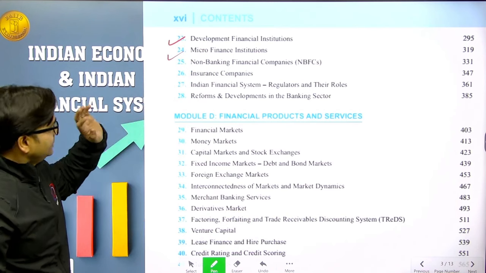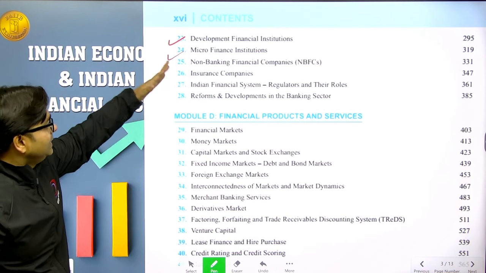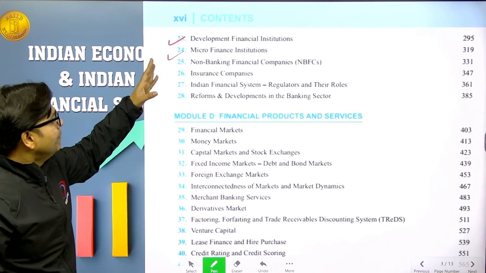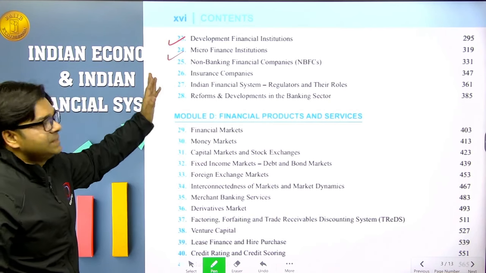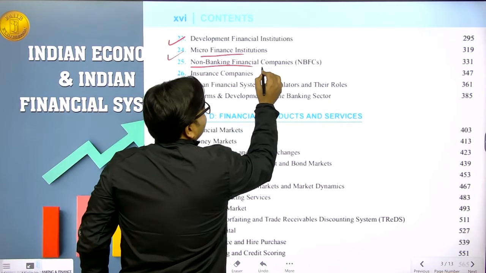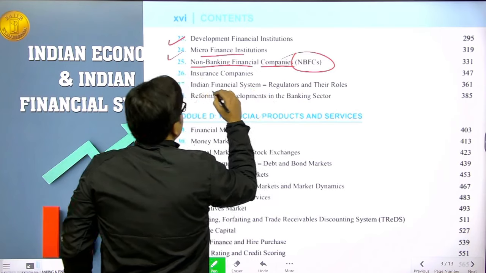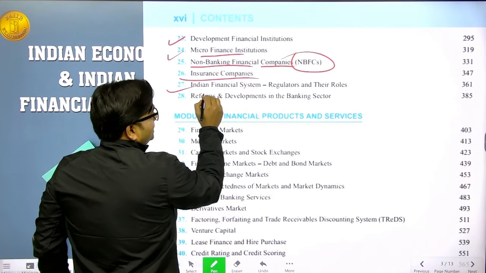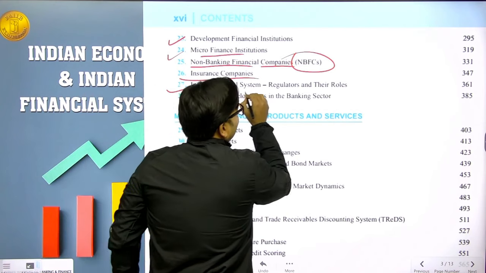This particular topic was there, but it has been separated from a subtopic. This is the main topic of Module C. Microfinance institutions, non-banking financial companies, that is NBFCs, you have to read. Insurance companies, Indian financial system regulation and their role.